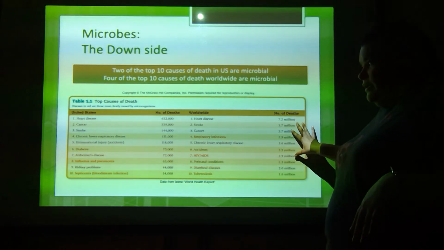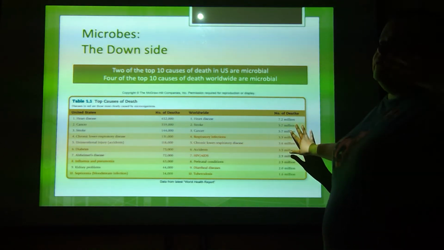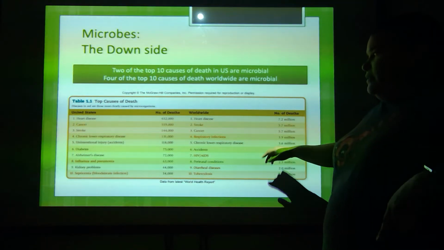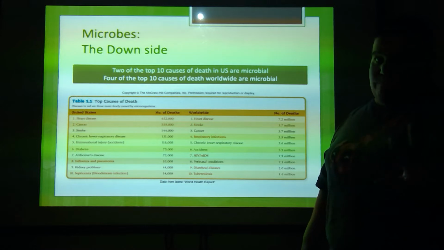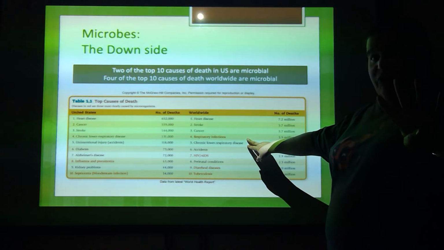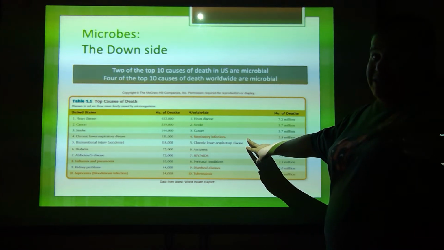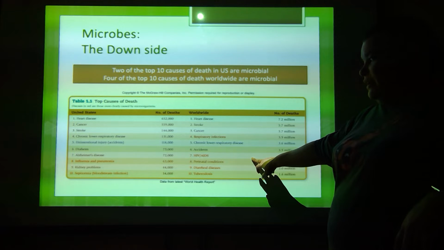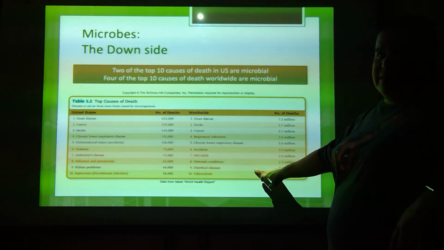Now, worldwide, again, I know COVID plays a role in this, but because our book isn't the newest one, respiratory infections are number 4. Technically, COVID can be considered a respiratory infection. HIV and AIDS is number 7. Diarrheal diseases.